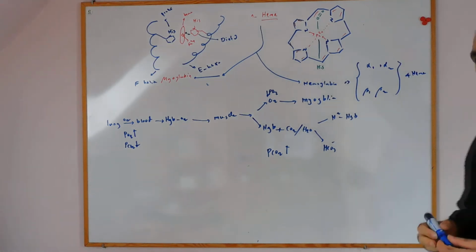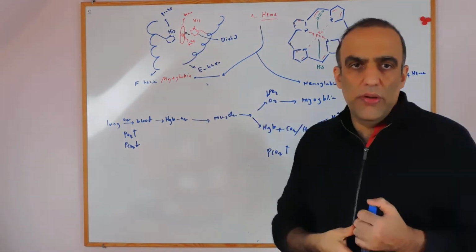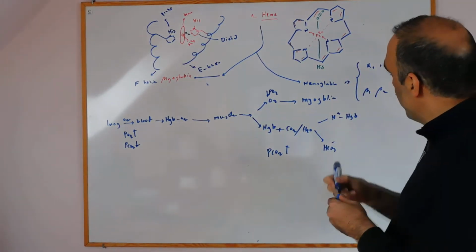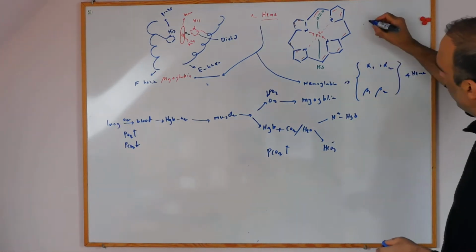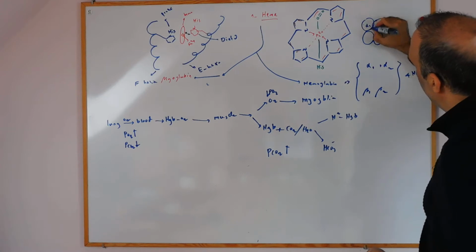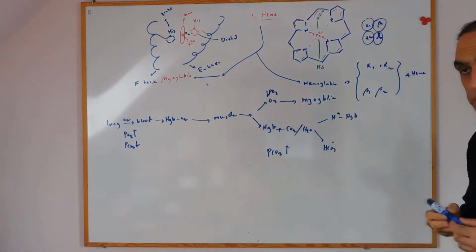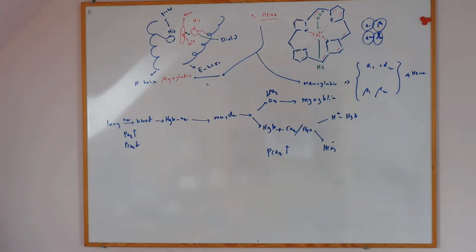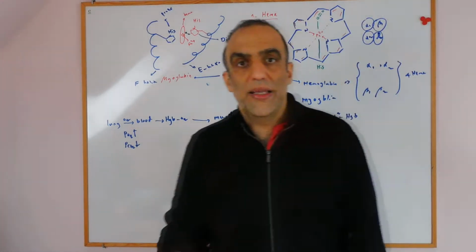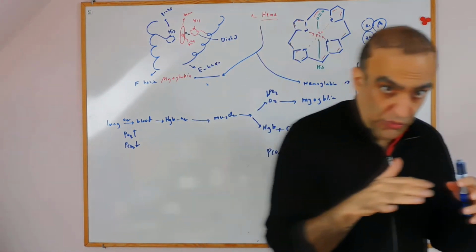Okay? They have 4 iron. Because as you see here, we have 1 iron, but here we have 4 iron. For example, in the hemoglobin, we have 4 groups bound to each other: alpha 1, alpha 2, beta 1, and beta 2. As you see here, the number of the heme is 4, and when they are saturated, 1 mole of the hemoglobin can carry 4 moles of oxygen in the saturation position.